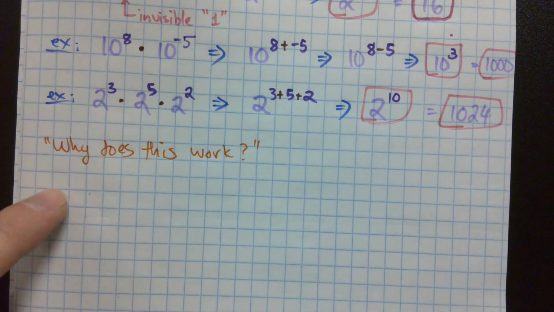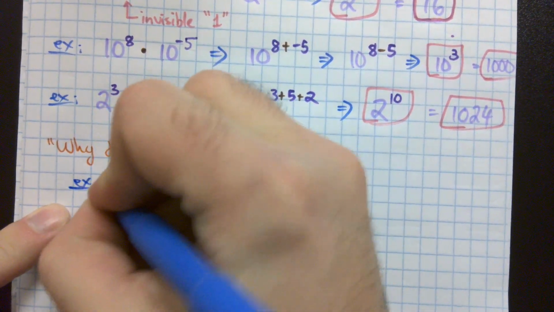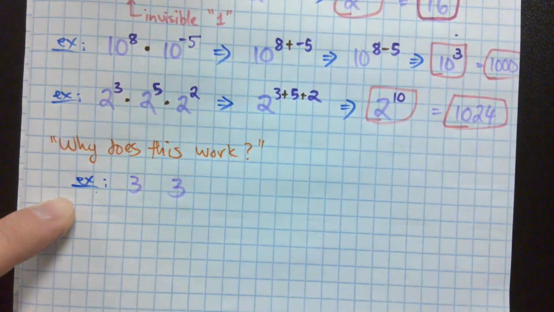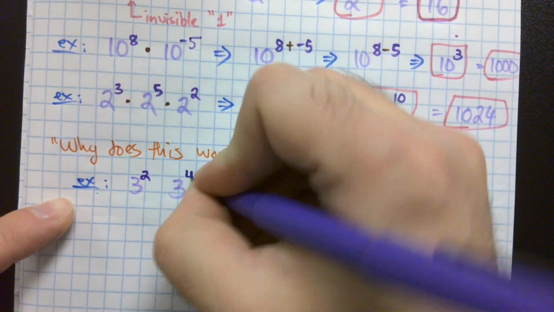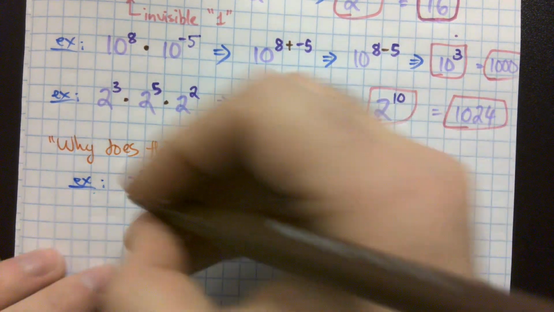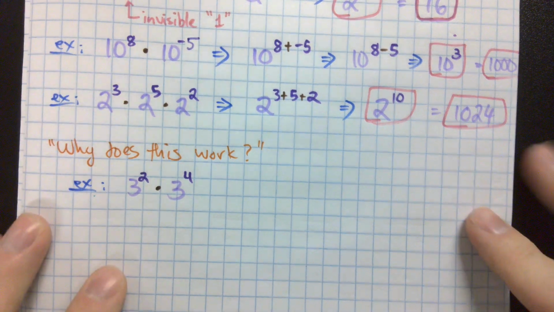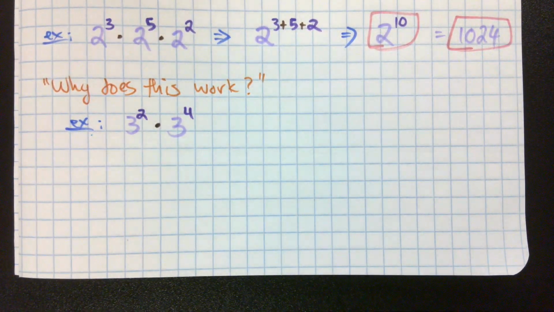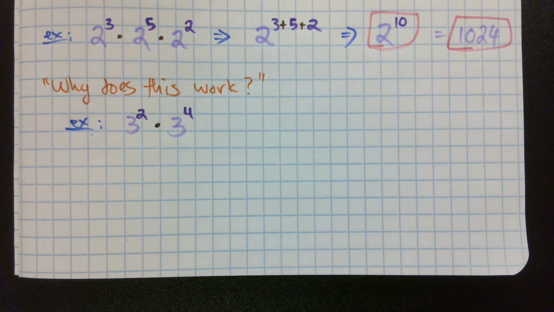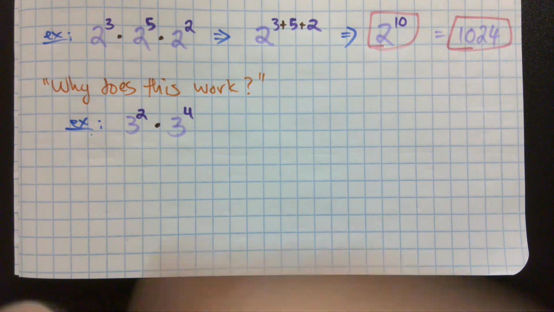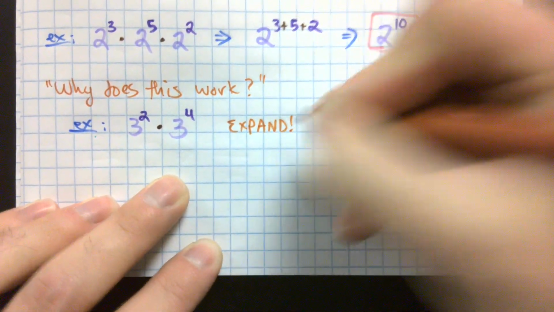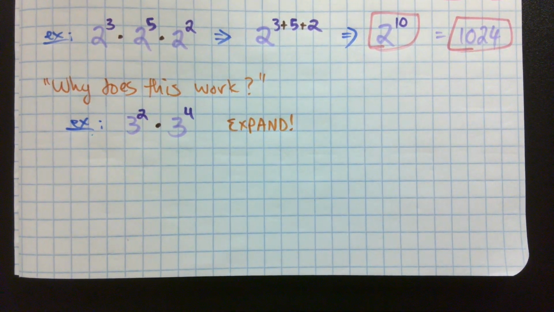If we take a look back at the first example, which was 3 to the 2nd power times 3 to the 4th power, I know it's kind of hard to see in the back. If we go back to our first example, let's do it a little bit differently. Let's expand these out.